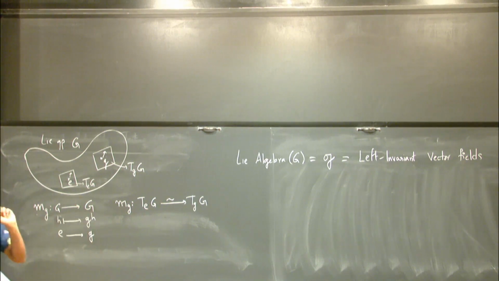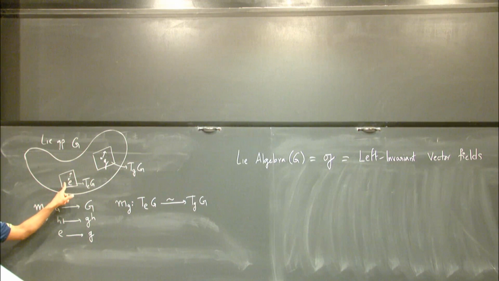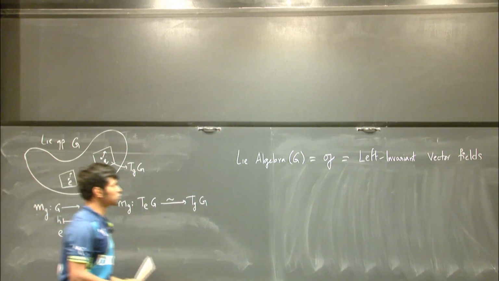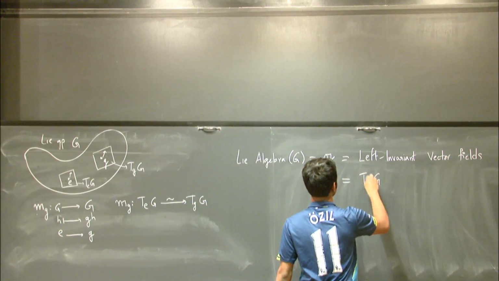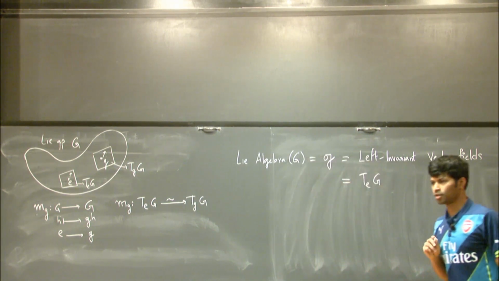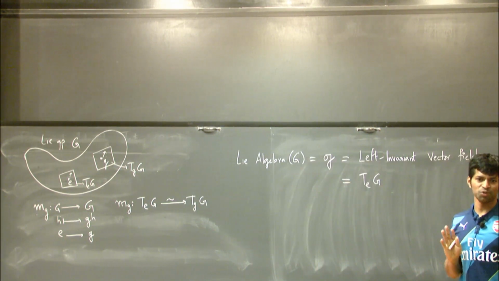In particular, it means that the vector field is defined by whatever tangent vector you picked at the identity. That holds all the information. So you could also think of this as just the tangent space at the identity. But this is only as a vector space. It has more operations on it.